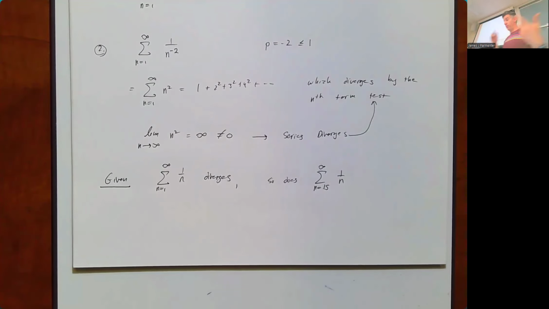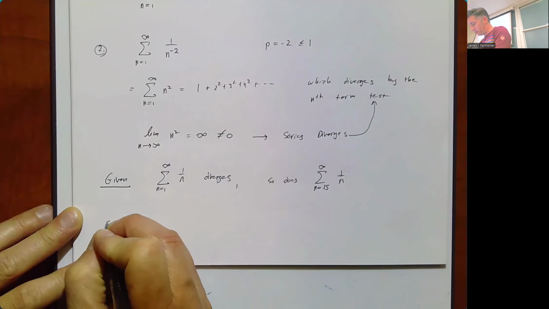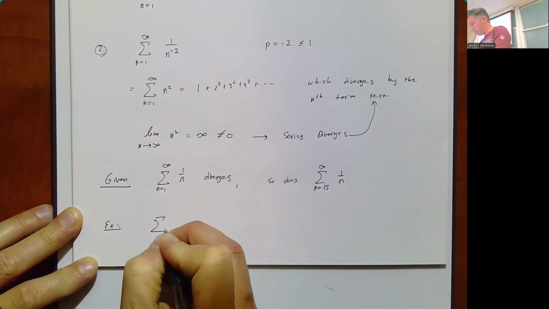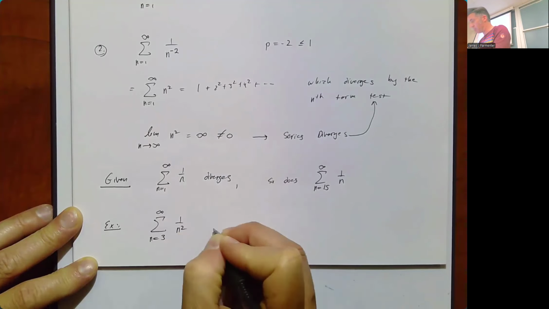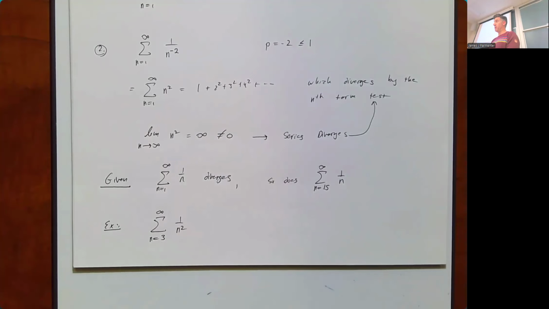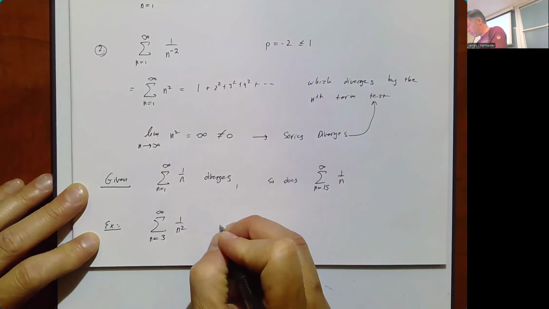If something is a P series, although typically we only call it a P series if it starts at 1, which is a little bit annoying, I think it's perfectly valid to say, for example, the sum from n equals 3 to infinity of 1 over n squared. Well, this is a P series or close enough to a P series, and it is convergent.